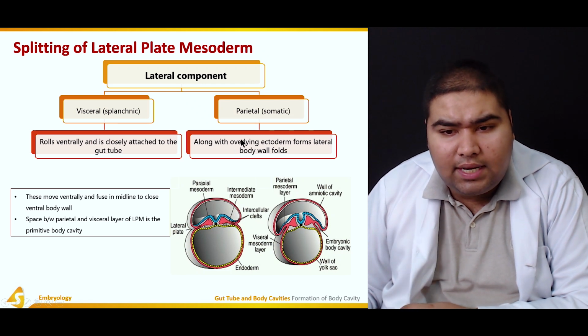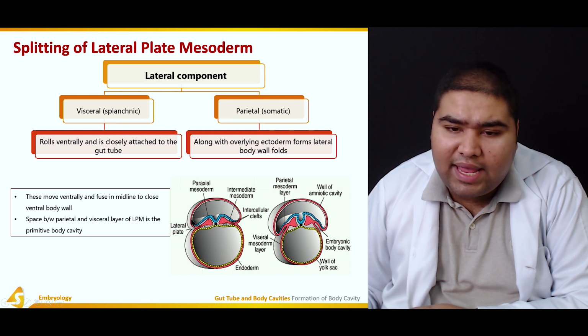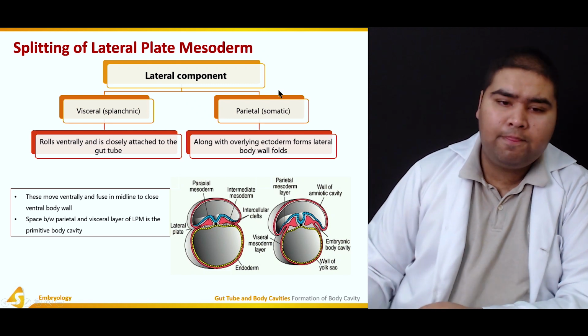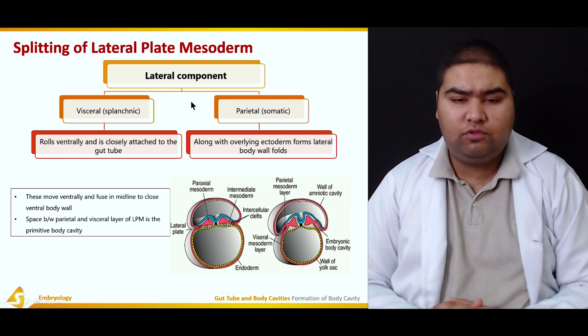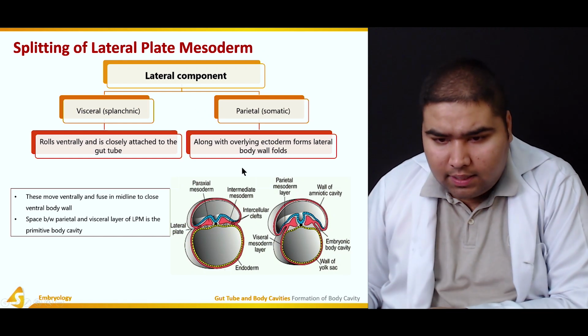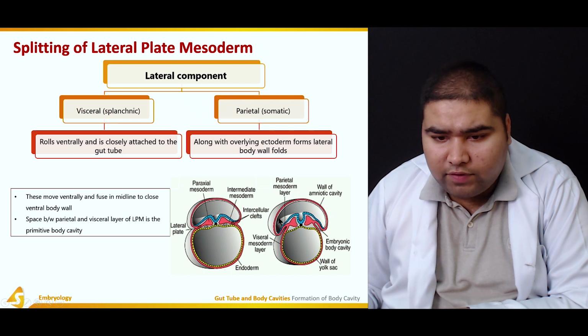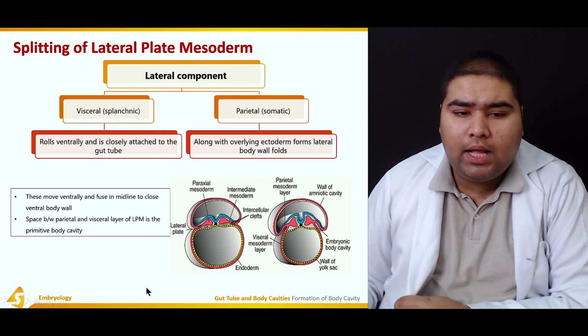Now the parietal layer, it along with the overlying ectoderm forms the lateral body wall folds. Here the lateral body wall folds are being formed. Now these body wall folds, they move ventrally. These are the body wall folds, moving ventrally.